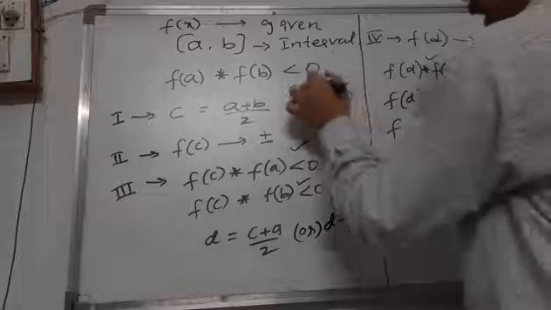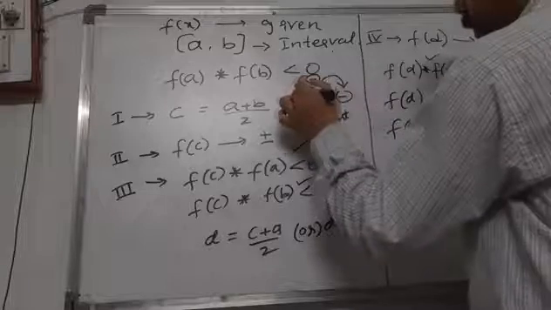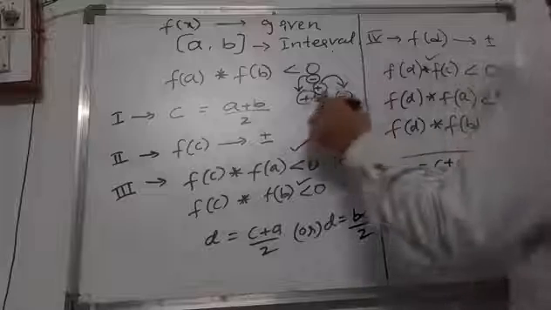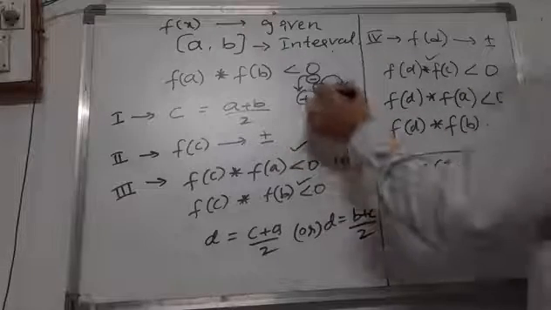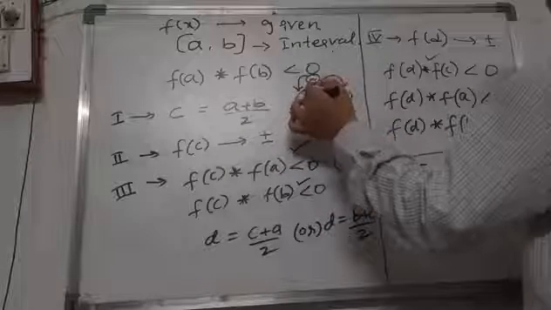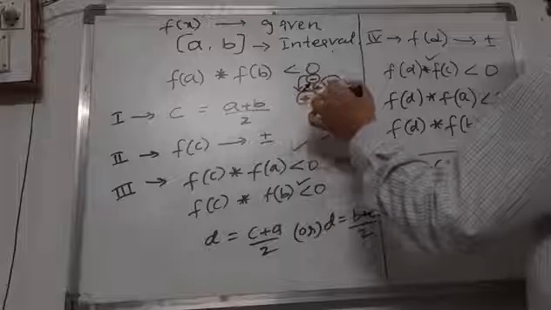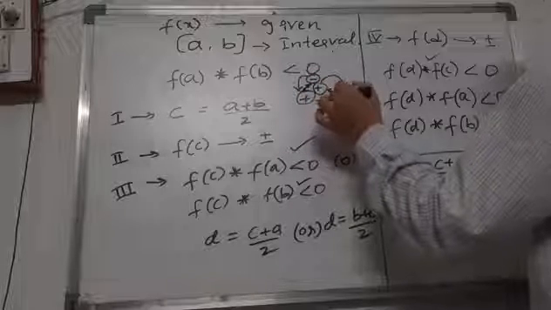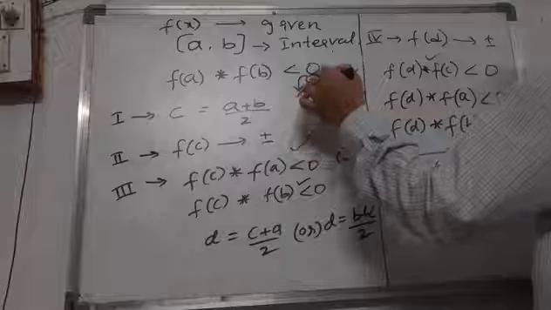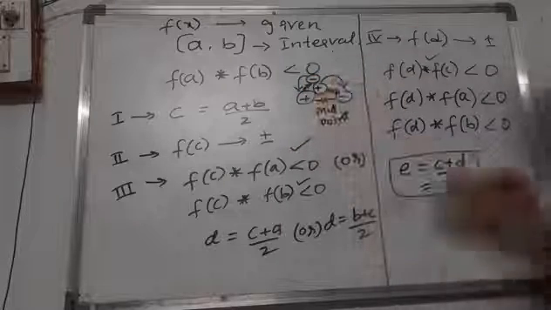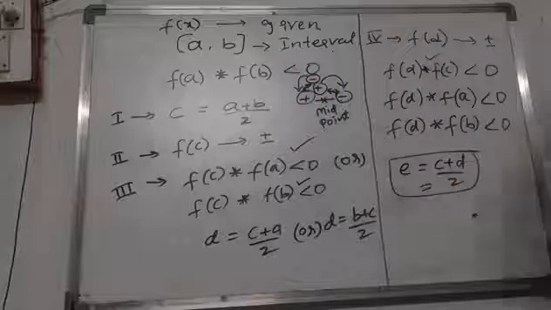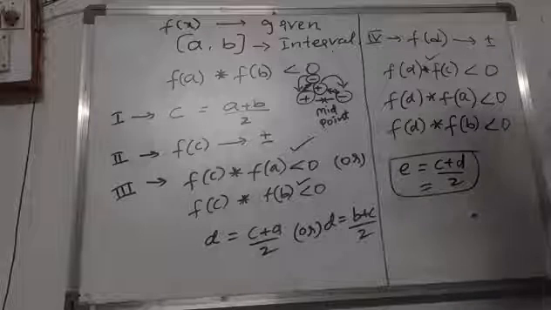If this midpoint is negative, then you multiply with the positive value. Then we get less than 0, and we proceed taking the average of these two, and go on repeating the same steps. So this is the bisection method process.